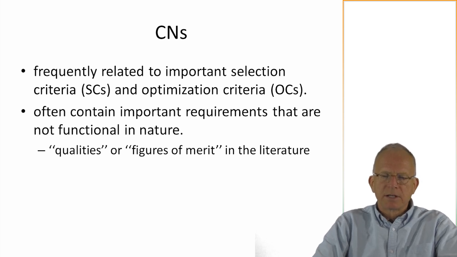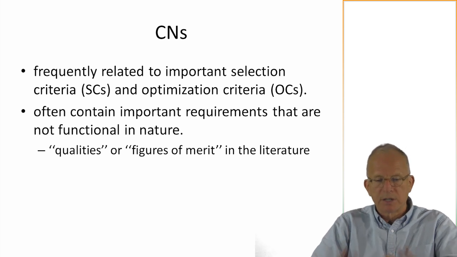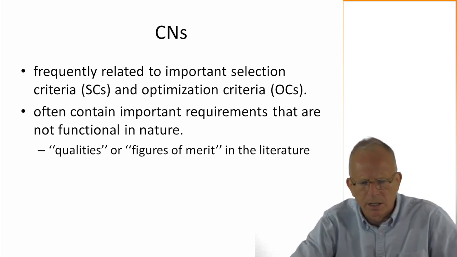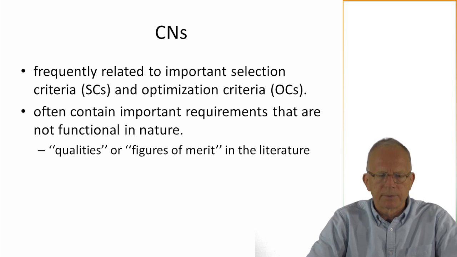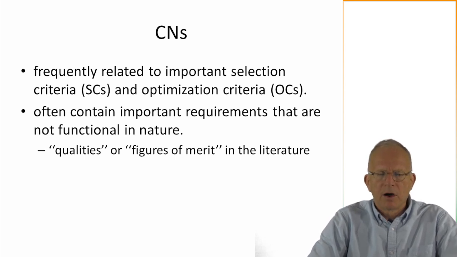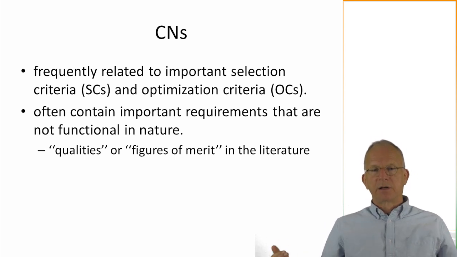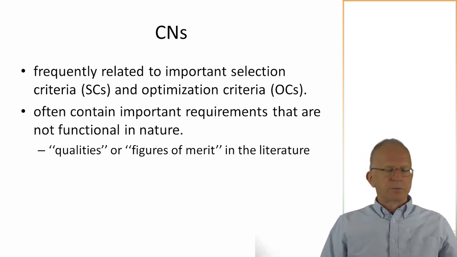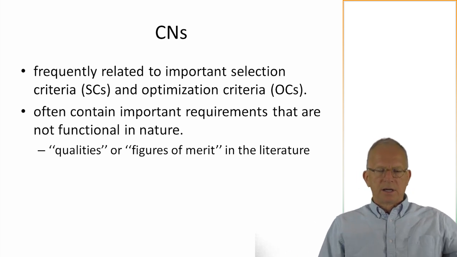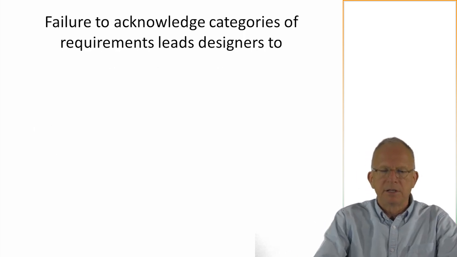So some of the CNs are related to important selection and optimization criteria that we've already talked about in the previous module. And they often contain important requirements that are not functional in nature. They're qualities, figures of merit, are the terms used in some of the other design literature. So these would be smooth, light, robust, easy to use.